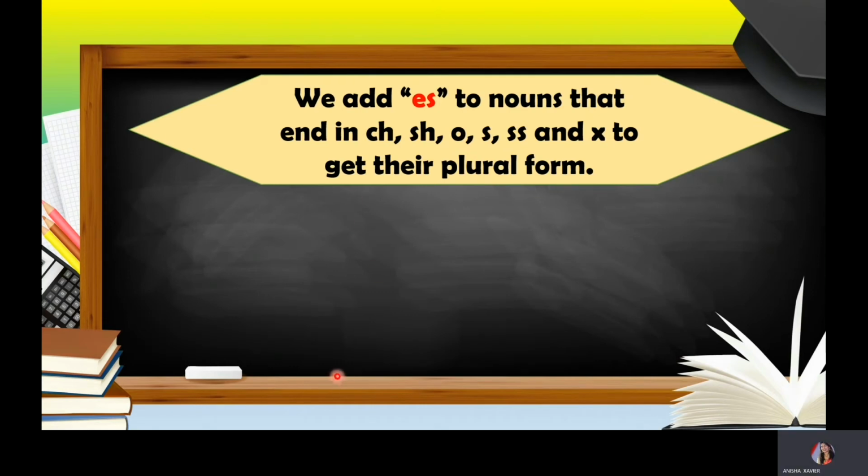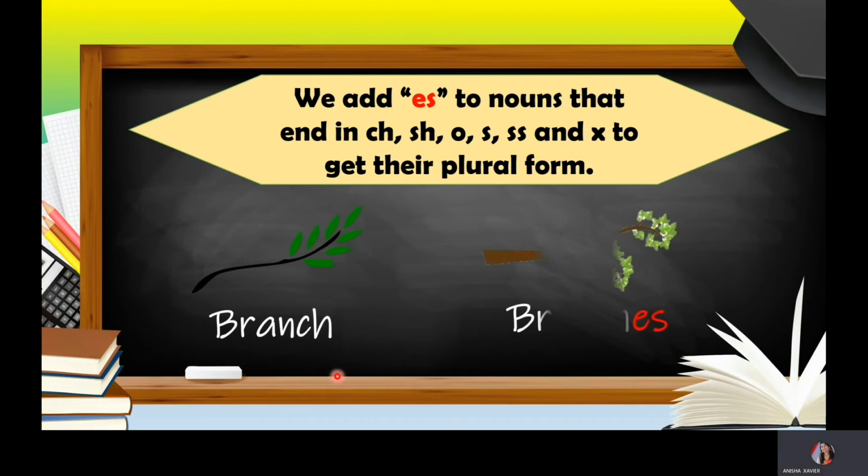So shall we look at a few examples now? Branch, branches. Since this word branch ends with ch, we have added es. Now if you write only s over here, it will be wrong. You have to add es since this word ends with ch.